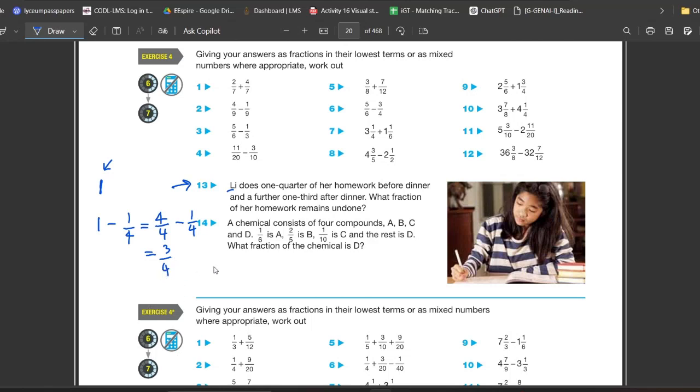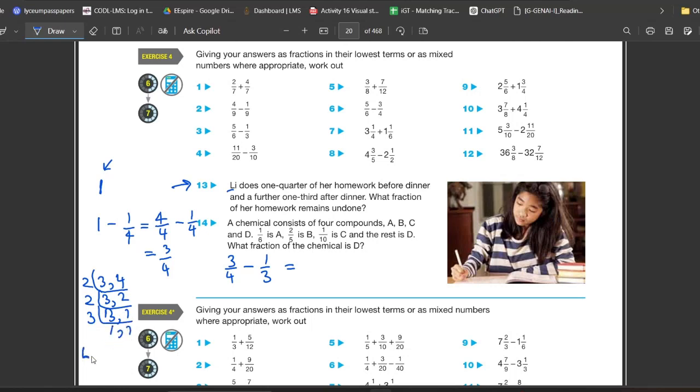And further 1/3 after dinner. She did another part of the homework after dinner. So 3 over 4, she did 1/3, 1 over 3. So now let me get the LCM. 3, 4, divide by 2, 3, 2, divide by 2, 3, 1, divide by 3, 1, 1.